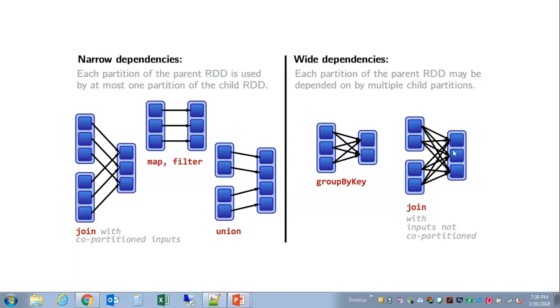Similarly, if you do an outer join or a left outer join, for example, between two sets of data, let's say these are customer records and these are orders.